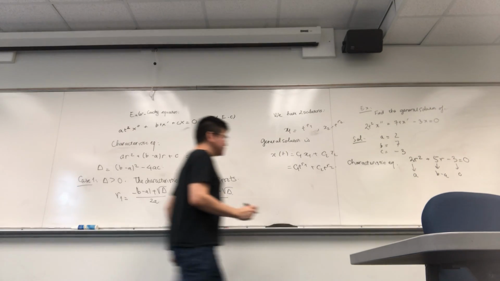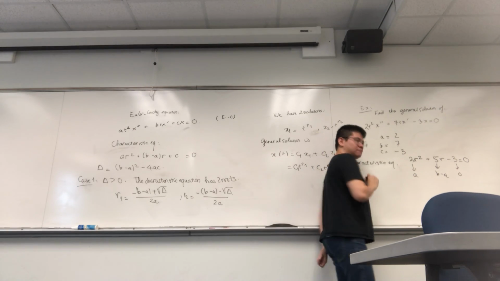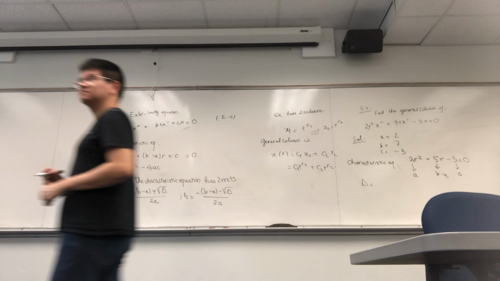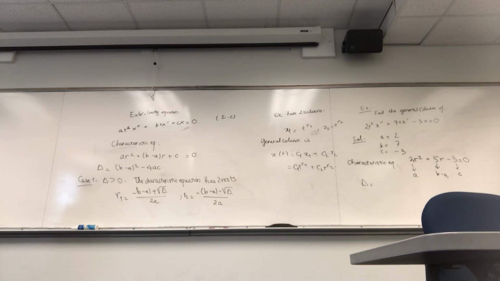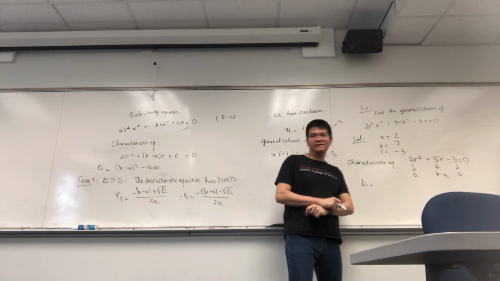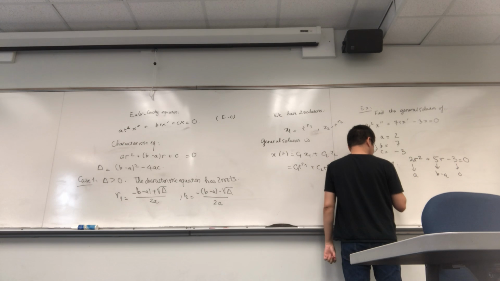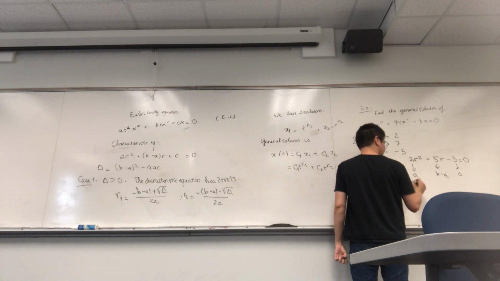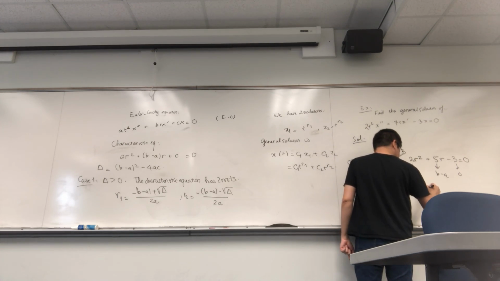So what is the delta first? The delta is 5 squared minus 4 times 2 times minus 3.